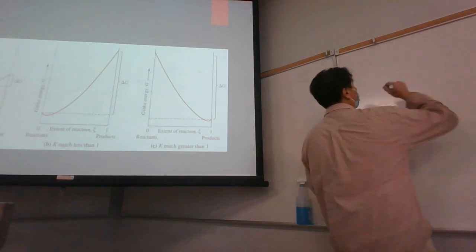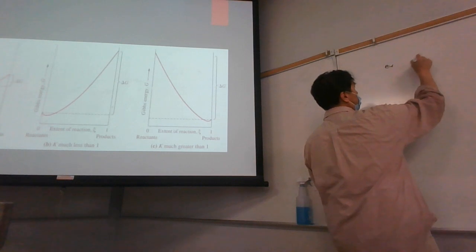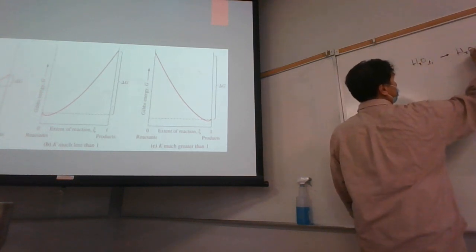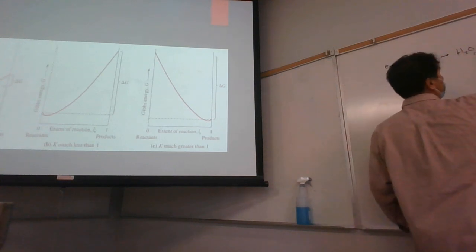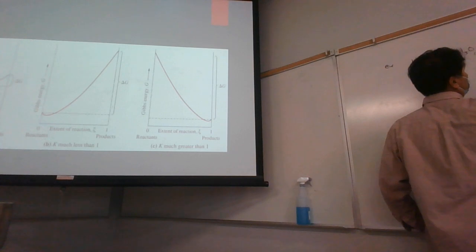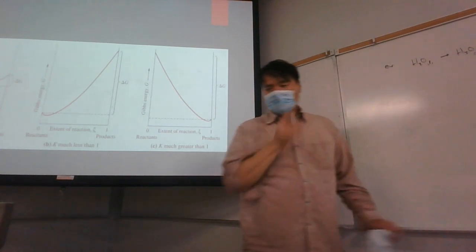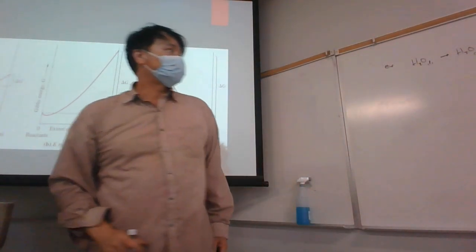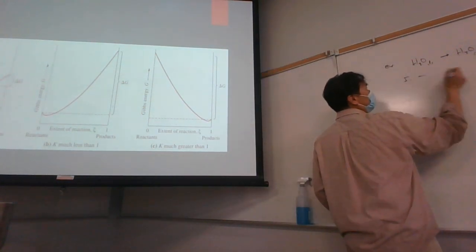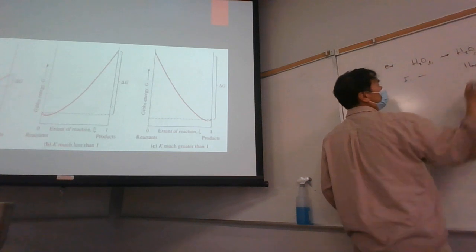for the last problem we did, which is H2O liquid goes to H2O gas, delta G under standard conditions is equal to plus 8.5 kilojoules. What does that mean? What that means is this. If we are under standard conditions, then our initial is 1 bar.